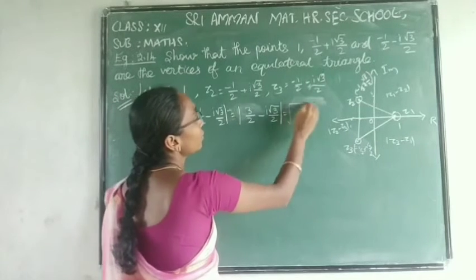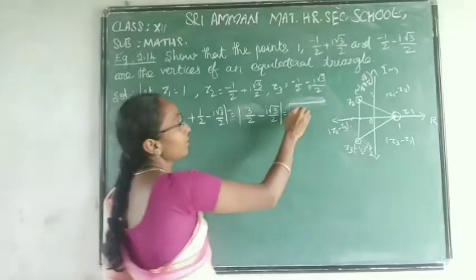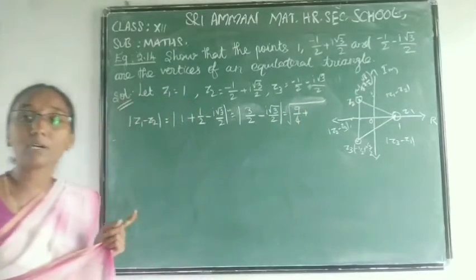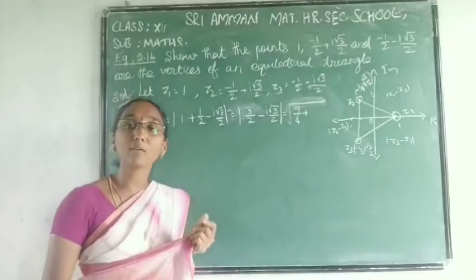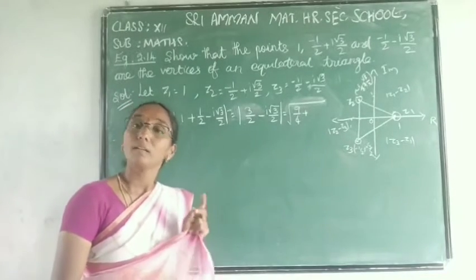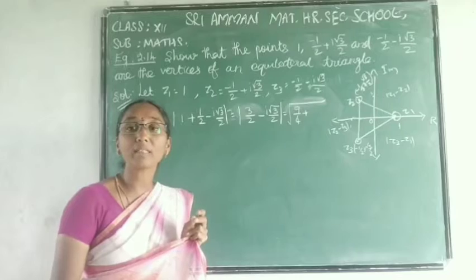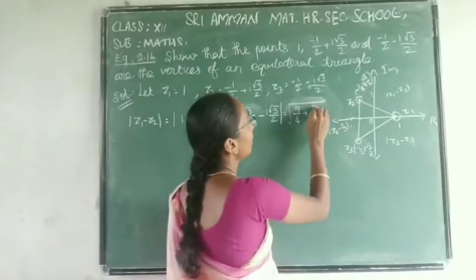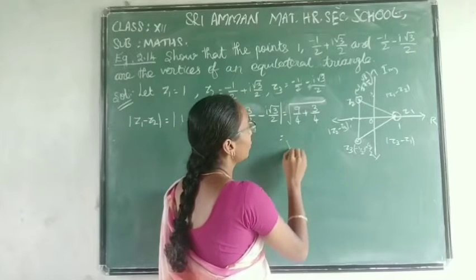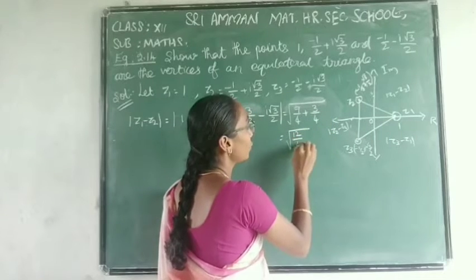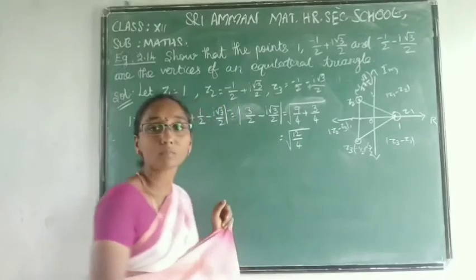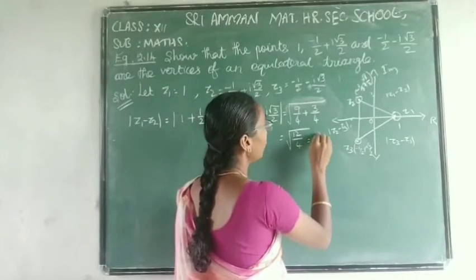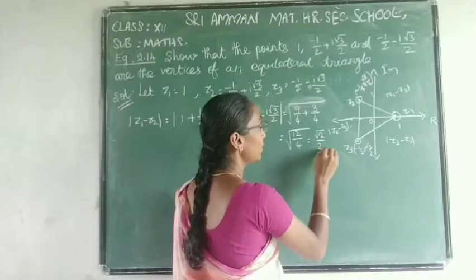So square root of real part squared, 9 by 4, plus imaginary part squared. The imaginary part is minus root 3 by 2, so minus root 3 by 2 the whole squared is 3 by 4. So root 12 by 4, which is root 12 divided by 2.